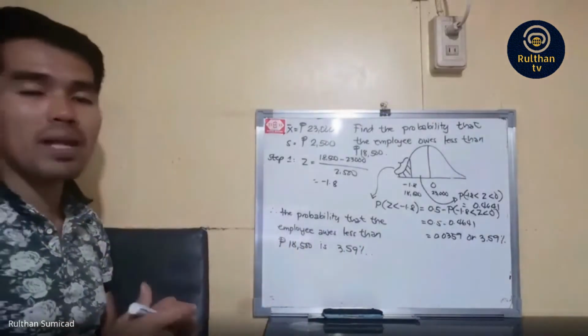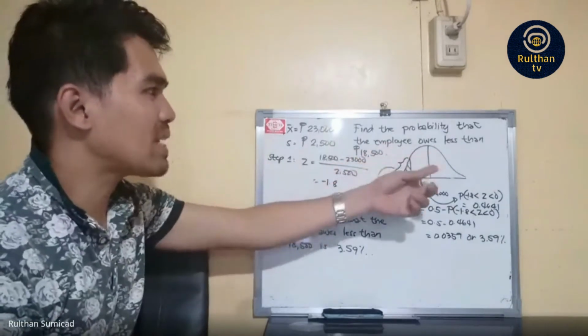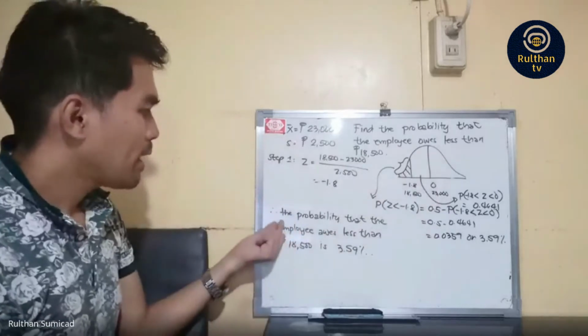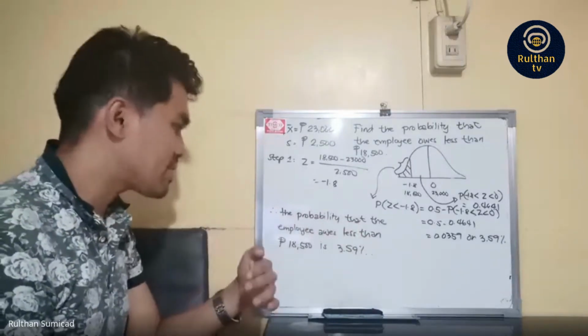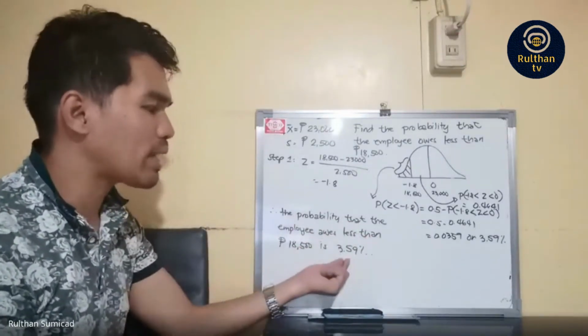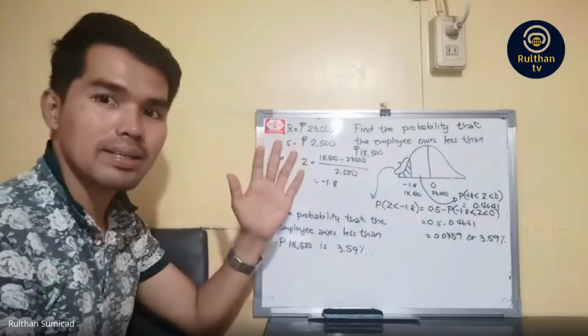That is how we complete the solution. So the question for us here: find the probability that the employee owes less than 18,500. With the entire solution here, we conclude that the chance that an employee owes less than 18,500 is only 3.59%. Is that clear?